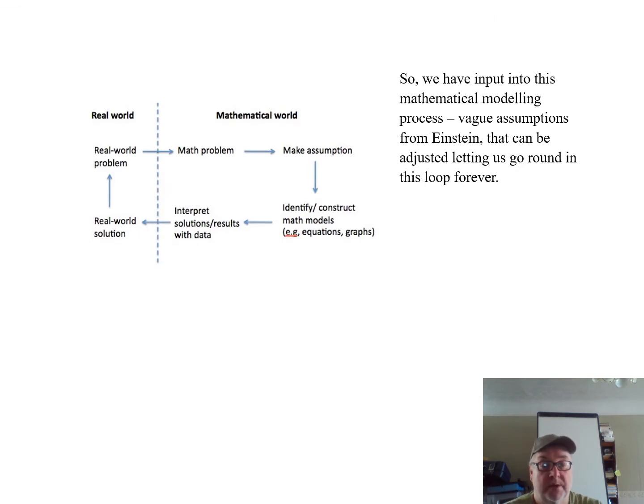So going back to the mathematical modelling process, the input into the make assumptions box is Einstein's vague assumptions, which can be adjusted and changed to make the loop go on around and around forever.